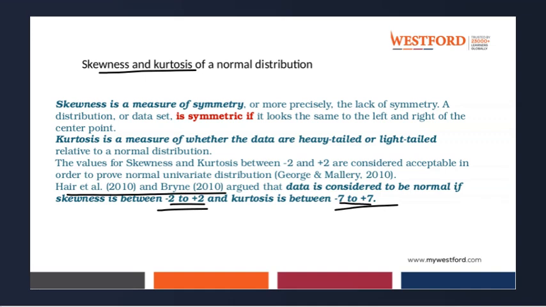So what is your analysis? What type of analysis will you write down? Kurtosis and skewness are within the range of -2 to 2 and -7 to 7.